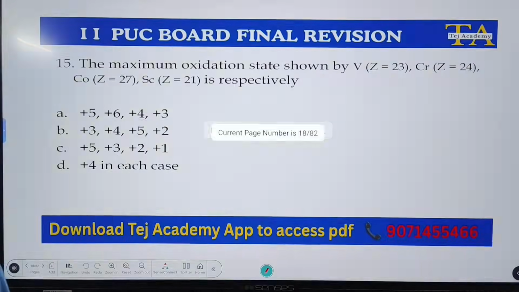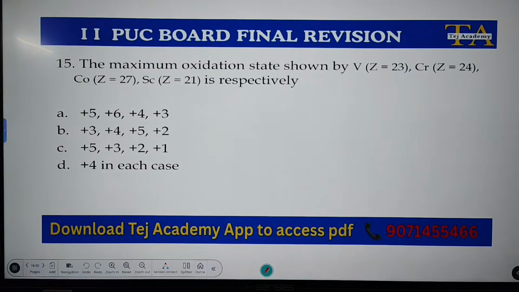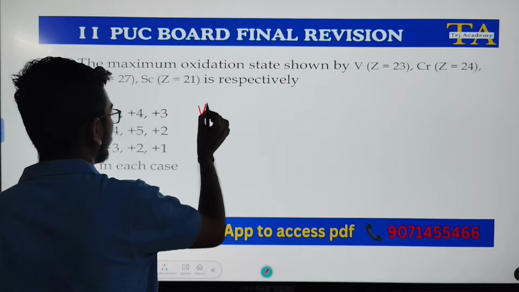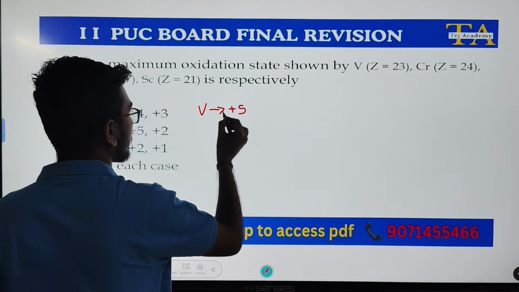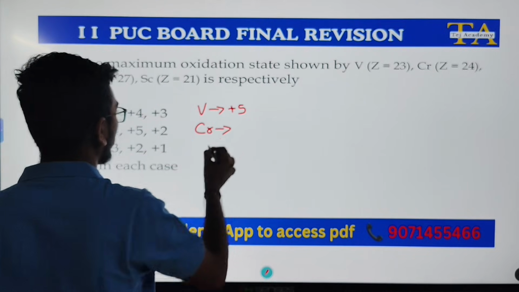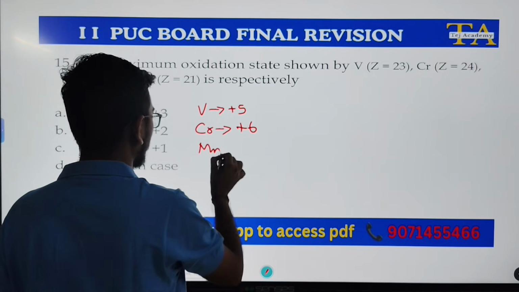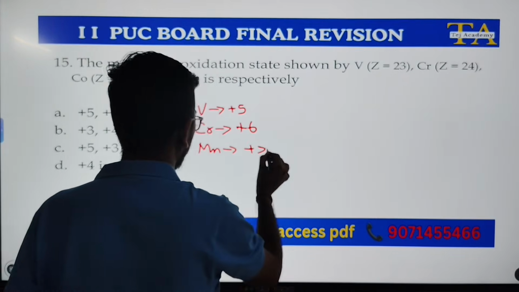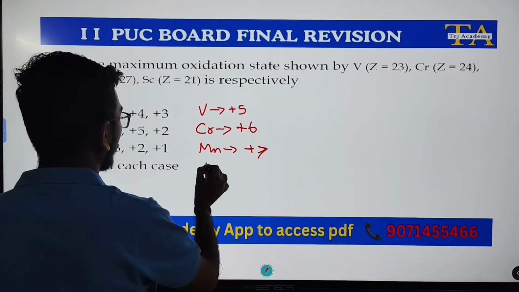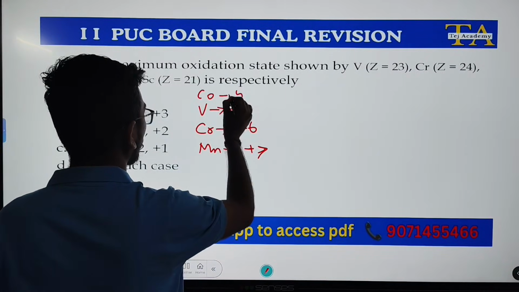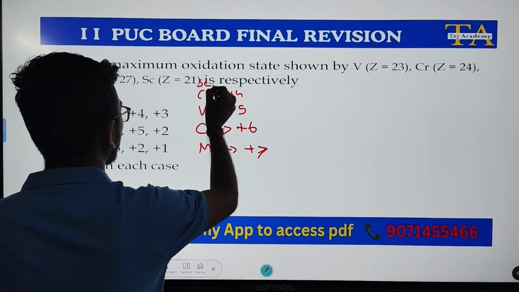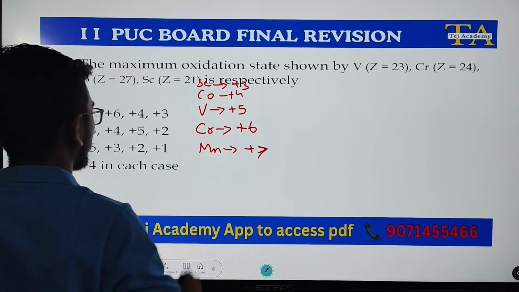Now the 15th one. The maximum oxidation state shown by vanadium, chromium, manganese, cobalt, scandium respectively. We know that vanadium will show +5 oxidation state, chromium will show, if you write the electronic configuration, +6, then manganese will show +7 oxidation state, cobalt will show +4 oxidation state, scandium will show +3 oxidation state.